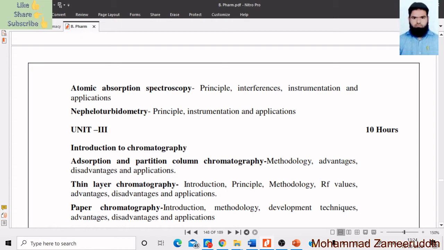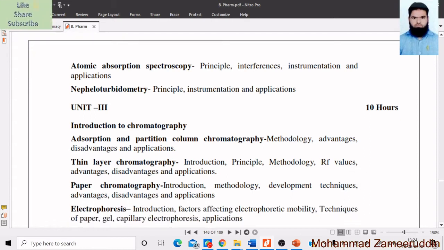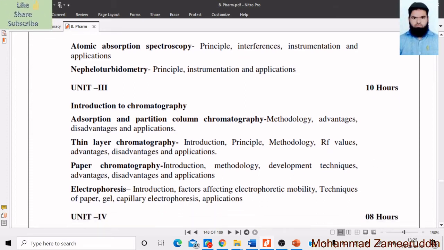So this was the first section, which was based on spectroscopy methods. Now from unit 3 we are going to discuss the second technique, the most accurate and most sensitive technique, that is chromatography.